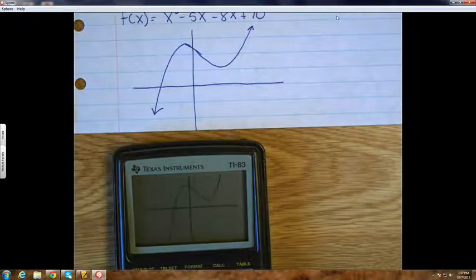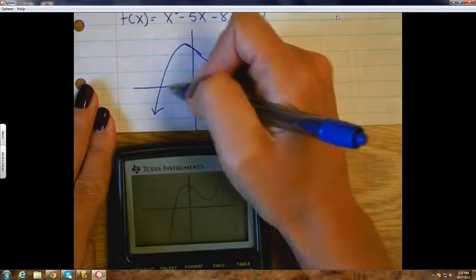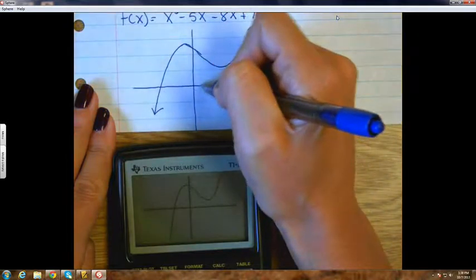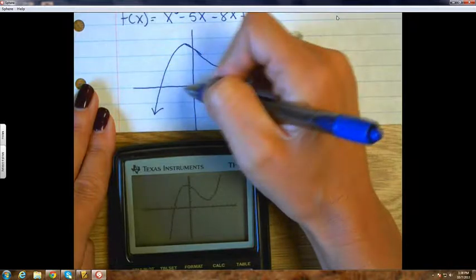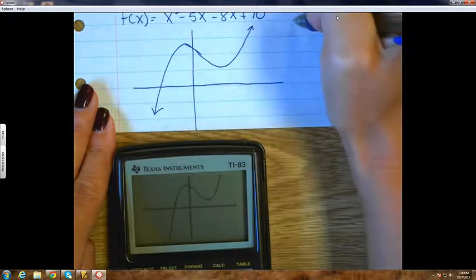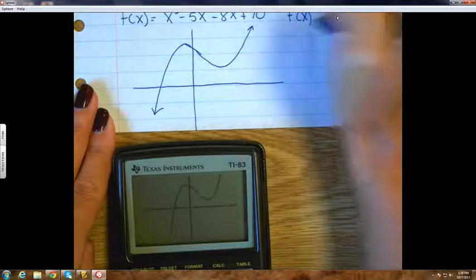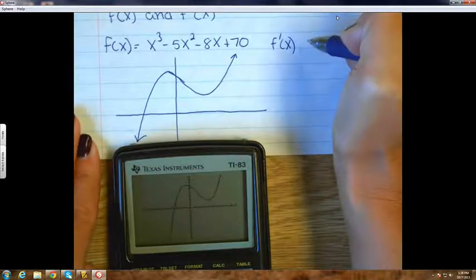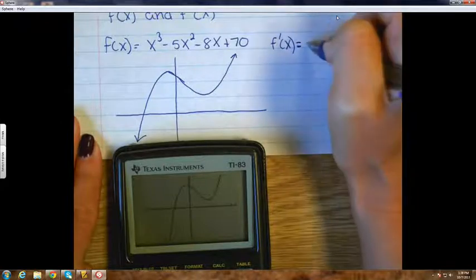Now we want to graph the derivative function. So I want the derivative for every single x value on here. I want a whole graph of them and have the calculator connect them all and show me the derivative function. So to get f prime of x, we're going to let the calculator do this for us numerically. So we're going to go to NDeriv.